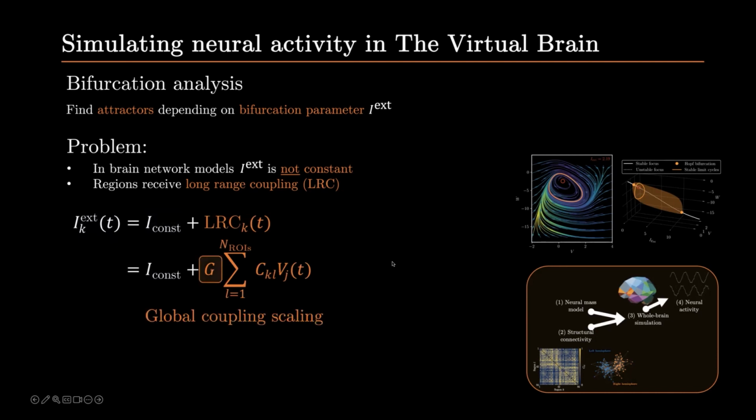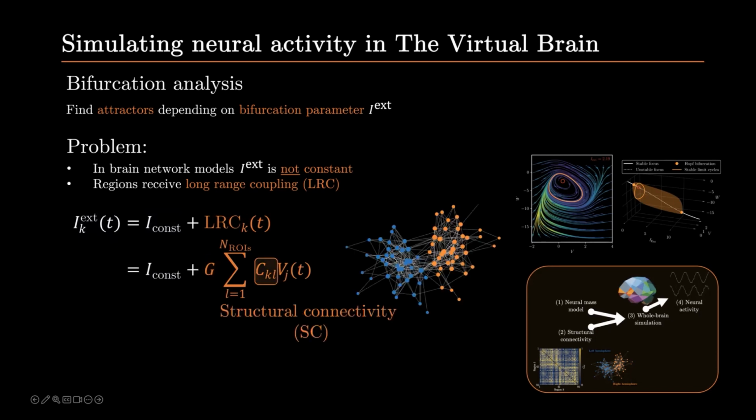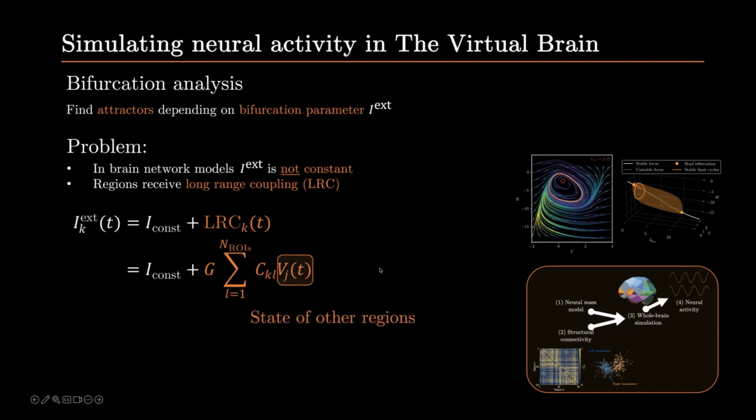It has a global coupling scaling parameter G, so the whole long-range coupling which a single node receives is scaled by this parameter G. Then it has this C_kl term, which is the structural connectivity from empirical data, and this V_j term, which is just the state of the other regions. And we can perform an actual brain simulation, not bifurcation analysis, but an actual brain simulation, and see how the external current behaves.